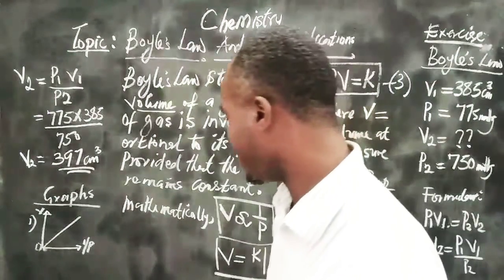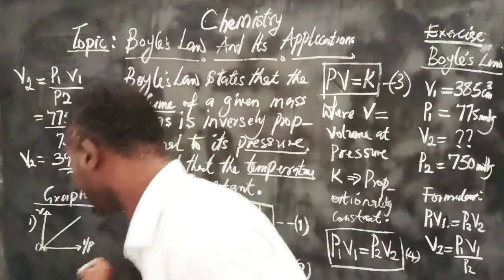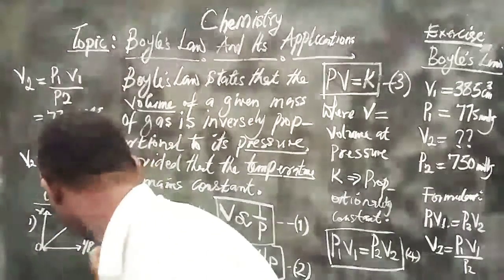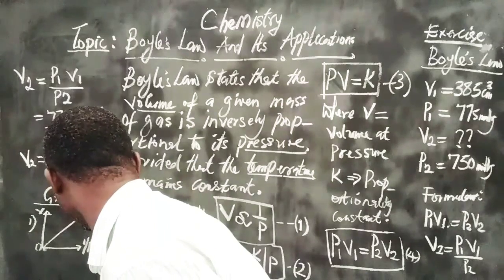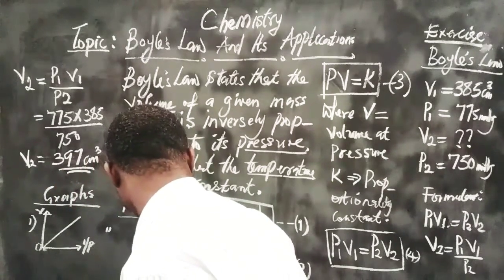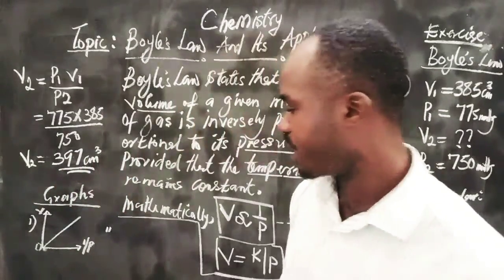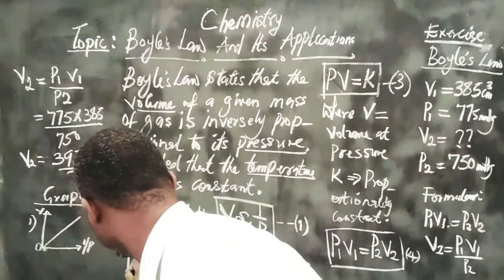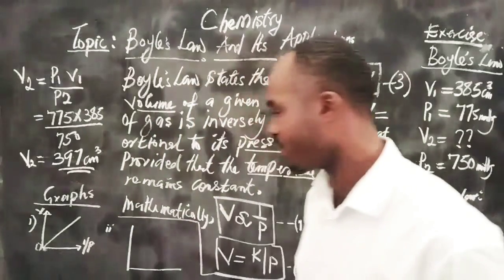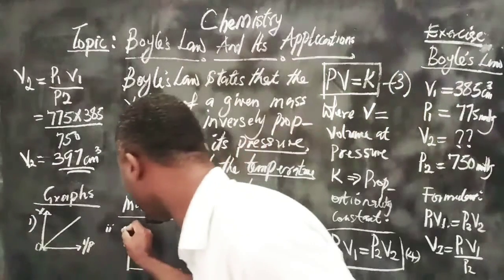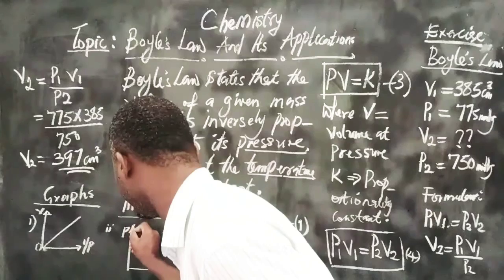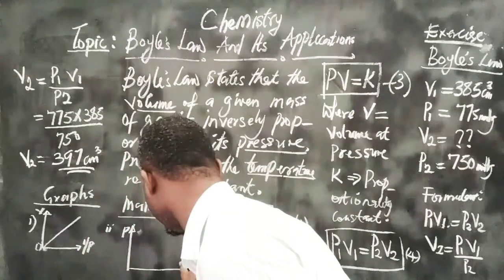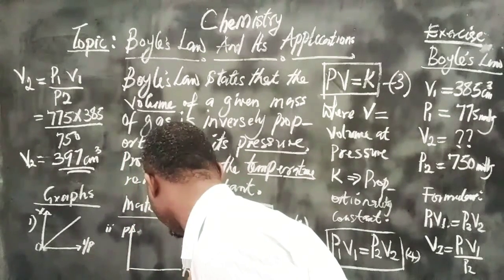Then the next one, II, is another graph, where P, the pressure of the gas, is plotted against the inverse of volume.